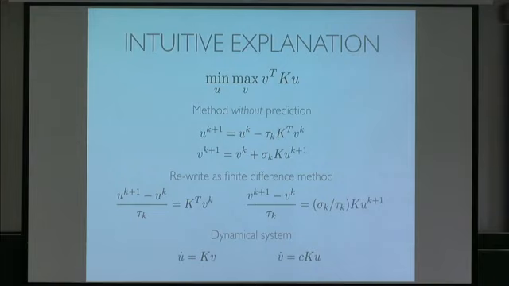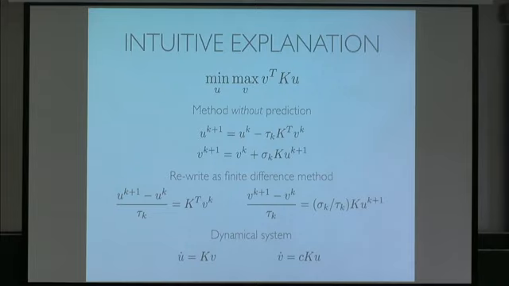So here's something that's sort of intuitive and sort of mathematical at the same time. Suppose that we want to solve a simple bilinear saddle point problem. So I have some full rank matrix K, and I want to find a saddle point of V transpose KU, where I'm minimizing for U and I'm maximizing for V. Right? So every smooth saddle point problem that has a Taylor approximation looks like this if you zoom in close enough around the saddle. Okay?